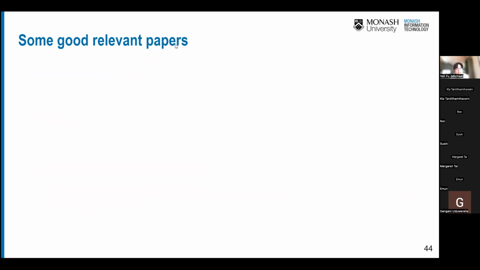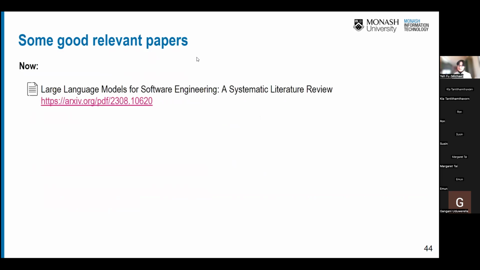And finally, I want to share some relevant papers. If you're interested in what's going on in AI and software engineering, even if you're not interested in research, it's good to know what's going on about AI in SE. This paper is Large Language Models for Software Engineering, a systematic literature review.